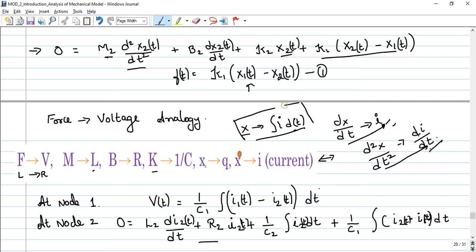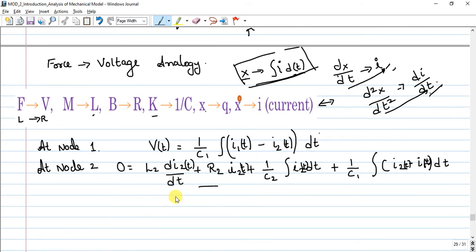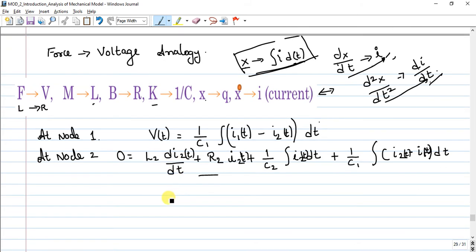This is the initial consideration, that is x as integration of i dt. If I differentiate both sides, it will come as dx by dt, which is i, and again if you do the double differentiation, this will be d square x by dt square, di by dt. So this is a simple consideration that you need to assume to rewrite our equation in terms of the electrical system. Step by step you follow this to write in terms of the force-voltage analogy.